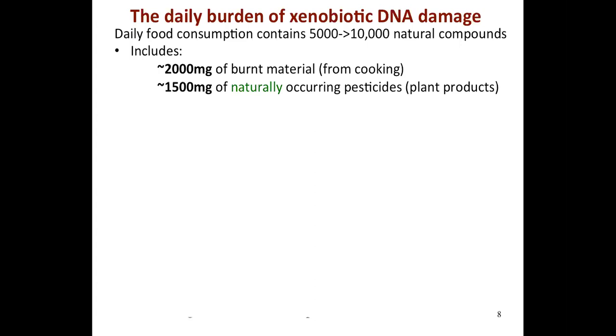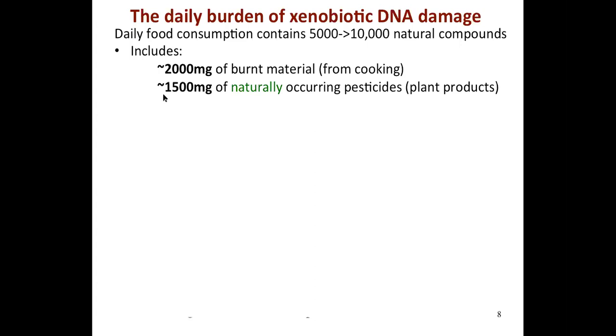And so that burnt material certainly can have reactive different types of molecules in it to damage our DNA. About 1,500 milligrams, or about 1.5 grams, are actually naturally occurring pesticides. So products that are made naturally by plants to protect themselves against pests, like bugs.